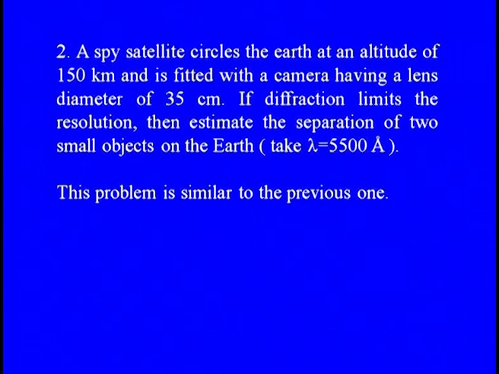5500 angstrom. In this problem, the distance between telescope objective and object is given. Diameter of objective is also given. So, like previous problem, in this problem also we can find the separation between the two objects.